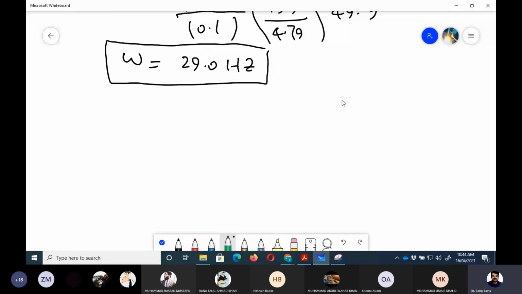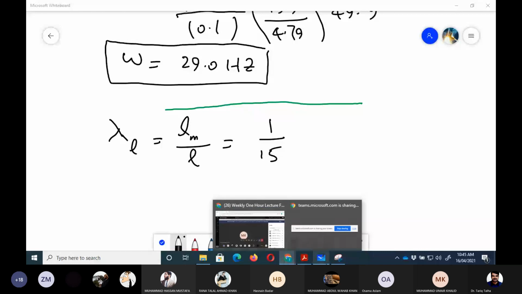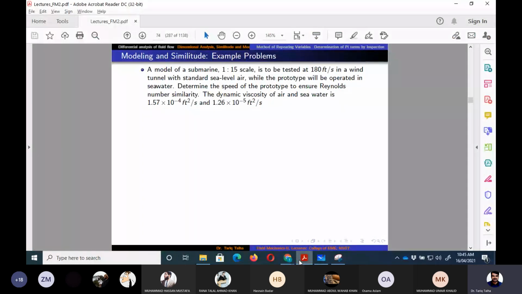It means that we are talking about lambda length, which is equal to Lm upon L, that is 1 divided by 15, right? Now, a model of a submarine, with the scale I have told you, is to be tested at 180 feet per second.